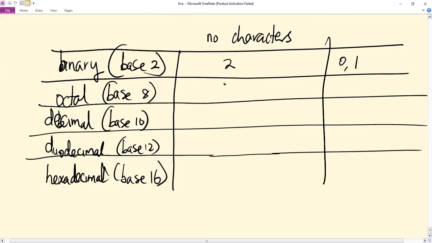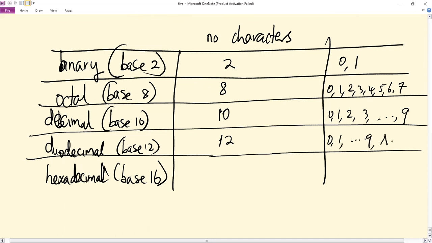Octal has 8 characters, 0, 1, 2, 3, 4, 5, 6, and 7. Decimal has 10 characters, 0, 1, 2, 3, up to 9. And hexadecimal has 16 characters, 0, 1, up to 9, then A, B, up to F.